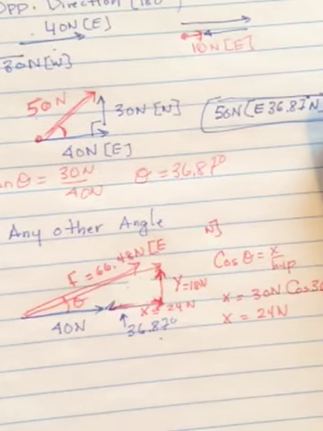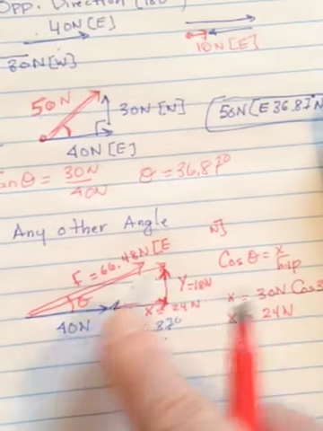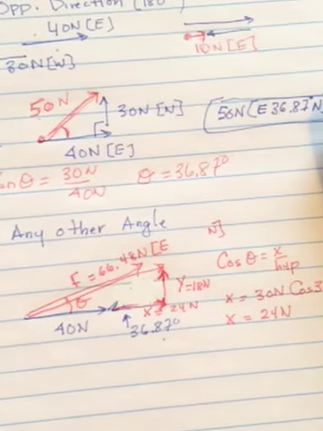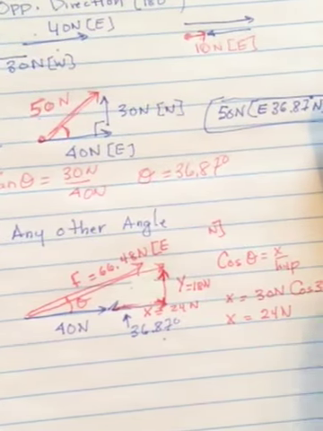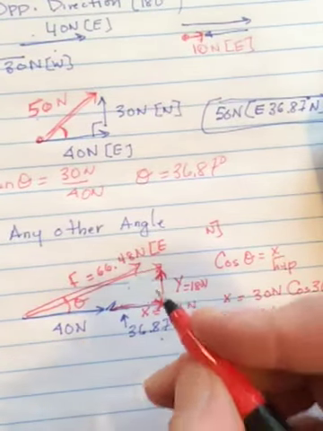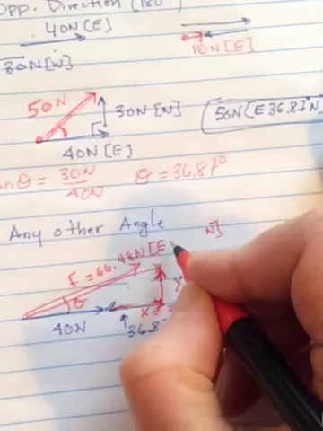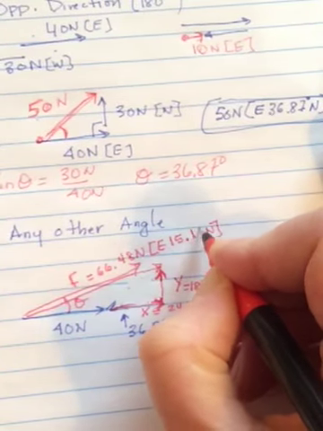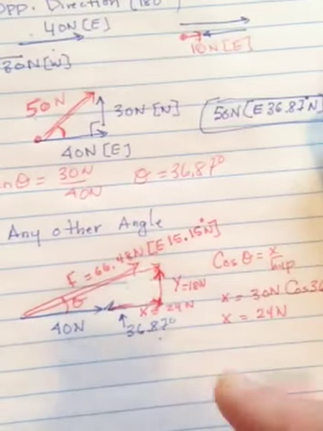So find the angle, and probably tan would be your best bet, 18 divided by 64. And if you don't round at all, I think you get 15.149, so I'm going to round to, excuse me, 15.15 degrees. Okay, and so that's your resultant.